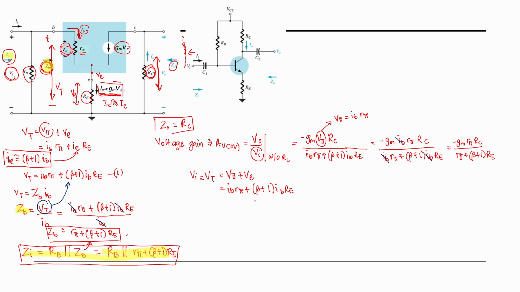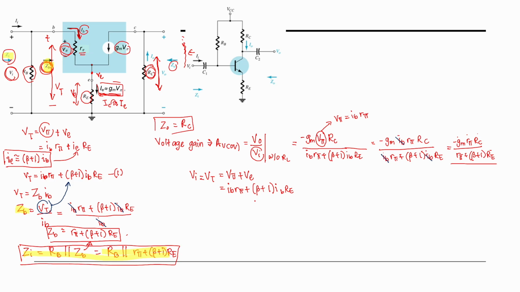So you will get your value of AVOC. You can leave it up until here, because usually we have the value of GM, R pi, RC, RE, and beta. But if you want to make it simpler, we can simplify this.